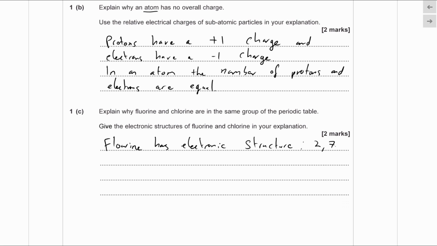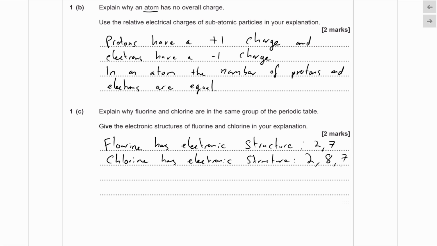So fluorine is in group 7 and it is the first element in group 7, and so that is the structure. Okay, chlorine is also in group 7. So chlorine has the electronic structure 2, 8 because the next shell is also full, and then 7 because it's also in group 7.